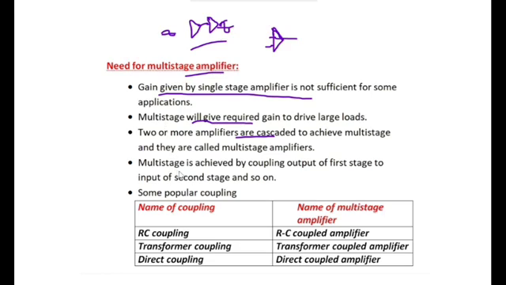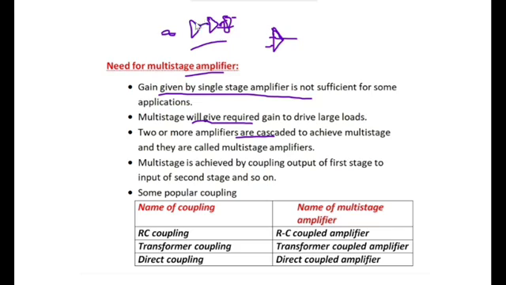The multi-stage is achieved by coupling the output of the first stage to the second stage, and so on. If it is a two stage amplifier, then two amplifiers are required. If it is more, then we have to add another amplifier here, and so on.